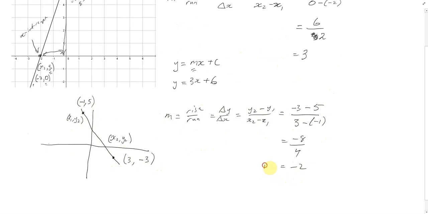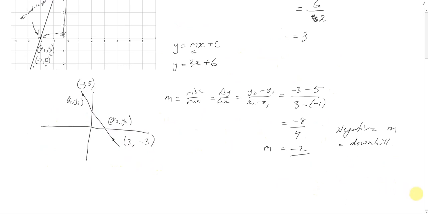So there we go, our gradient is -2. And you can see that because it's negative, that means downhill. Whereas before we had an uphill, which was positive. So let's just jot that down quickly. Negative gradient equals downhill. There we go. Interesting.